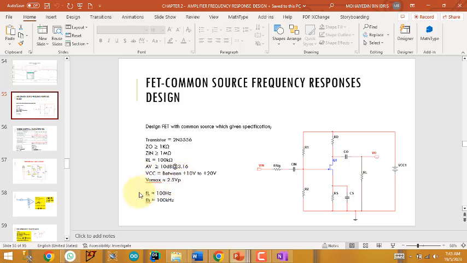And we add another two specifications, which are for the low and also the high cutoff frequency, which we need to obtain around 100 hertz for the low cutoff frequency, and for the high cutoff frequency around 100 kilohertz.